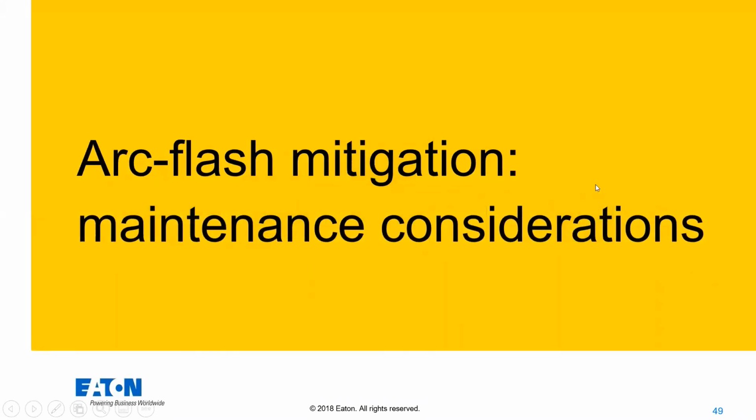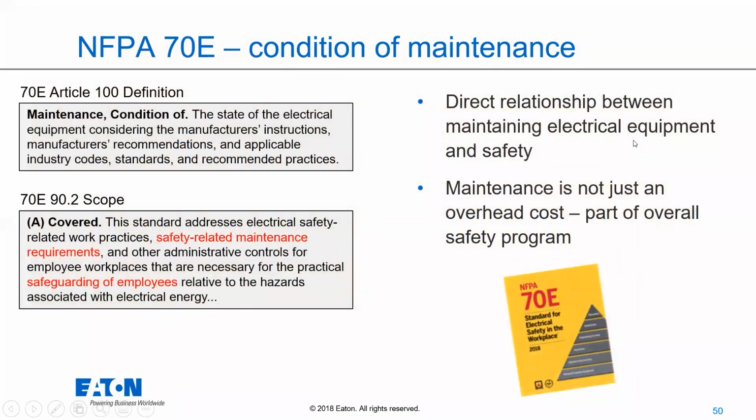And finally, I'm just going to talk about a couple of maintenance considerations we want to consider as part of NFPA 70E. So NFPA 70E does tell us that the condition of maintenance, right, that's the state of the equipment, considering manufacturer's instructions, recommendations, applicable codes, standards, recommended practices, etc. So safety related maintenance requirements is covered, right?